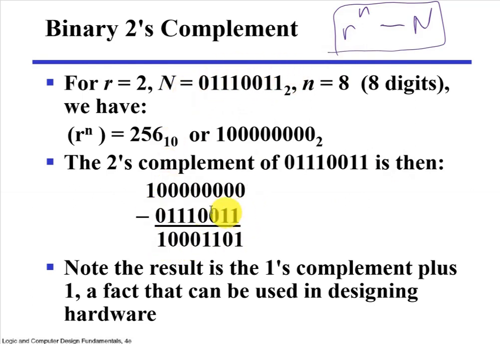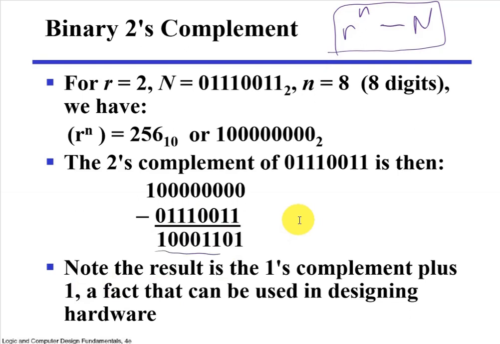If we perform the subtraction, we have to borrow, and then we obtain the following result. As I just said, the result obtained here is basically 1's complement plus 1. So it is easier to perform this complementation.